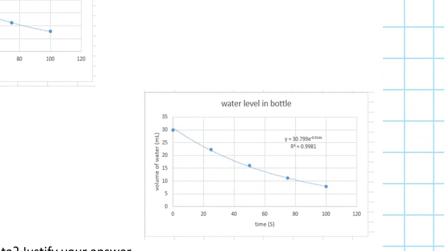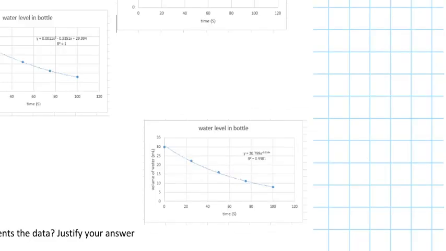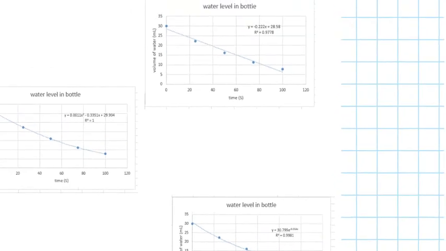Okay? Out of these three, if you are to eliminate one, which one would you eliminate right away? The linear. That's right. Why would you eliminate the linear? That's the one where the R squared is the farthest away. And remember I told you, the closer the R squared is to 1, the better it is.